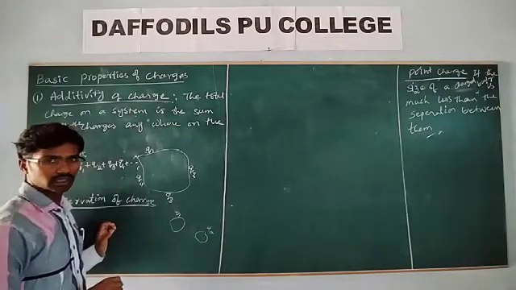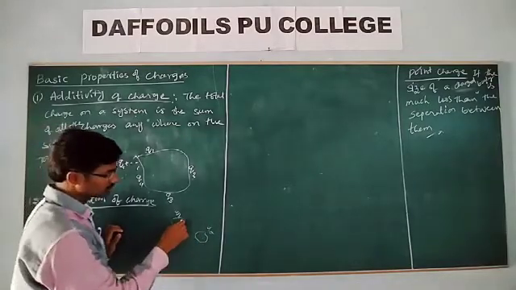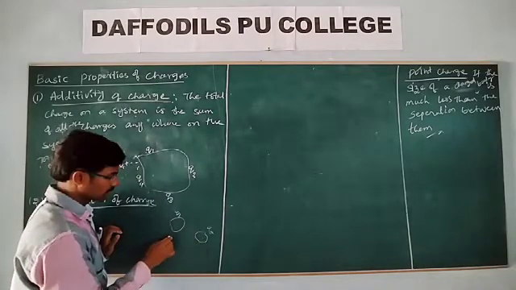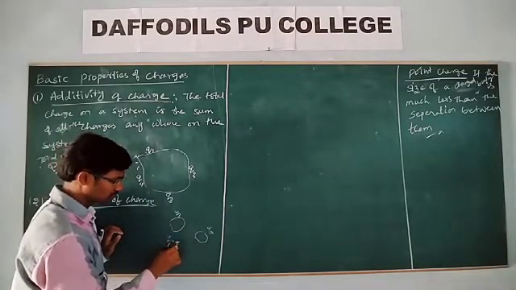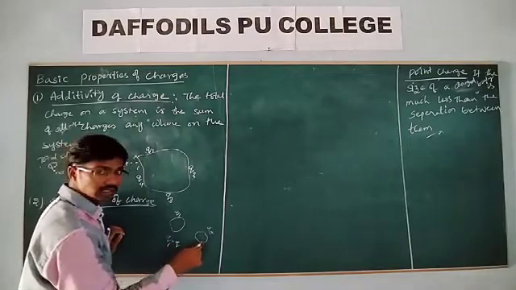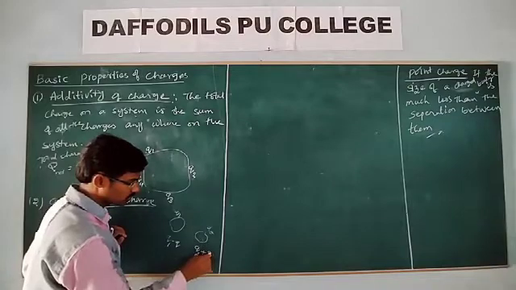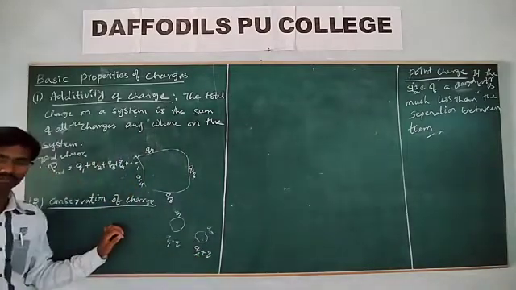Q1 plus Q2. Now, if some charge q is lost from this to here, then this becomes Q1 minus q, and here, what is the charge at this point? Q2 plus q.